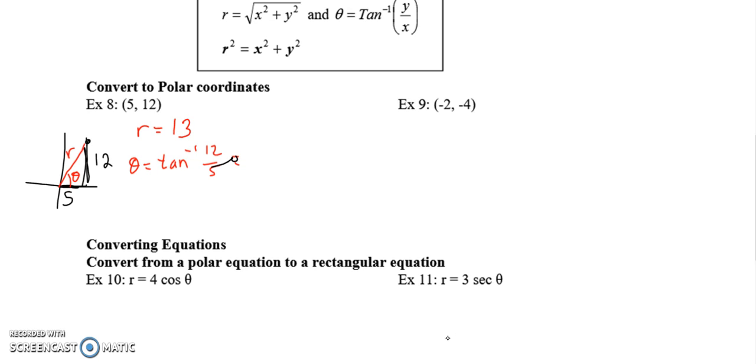Inverse tangent of 12 divided by 5 gives us 67.4. So now we just can't leave it that way. We have to write it as an ordered pair, which is r comma theta.